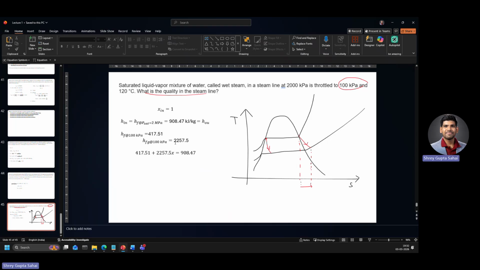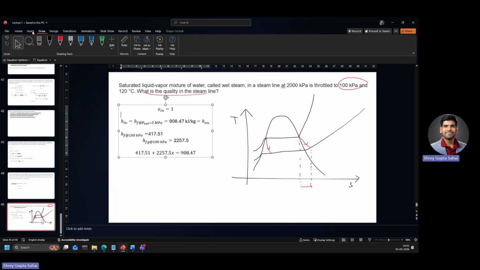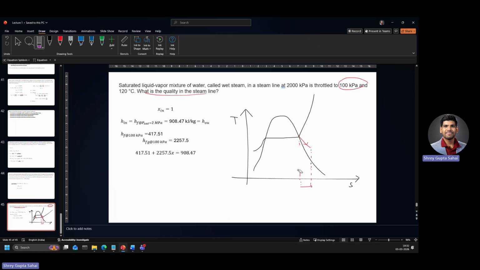Wait. This is not the way to do it. Okay, so what I've done is incorrect. Got it. I got it. I was making a mistake. Actually, it is not told to us whether it is saturated or unsaturated.